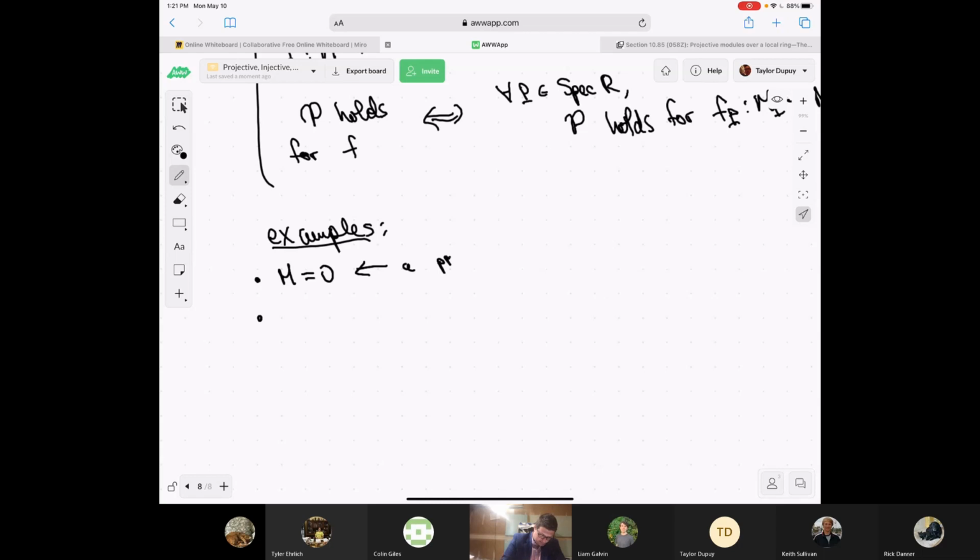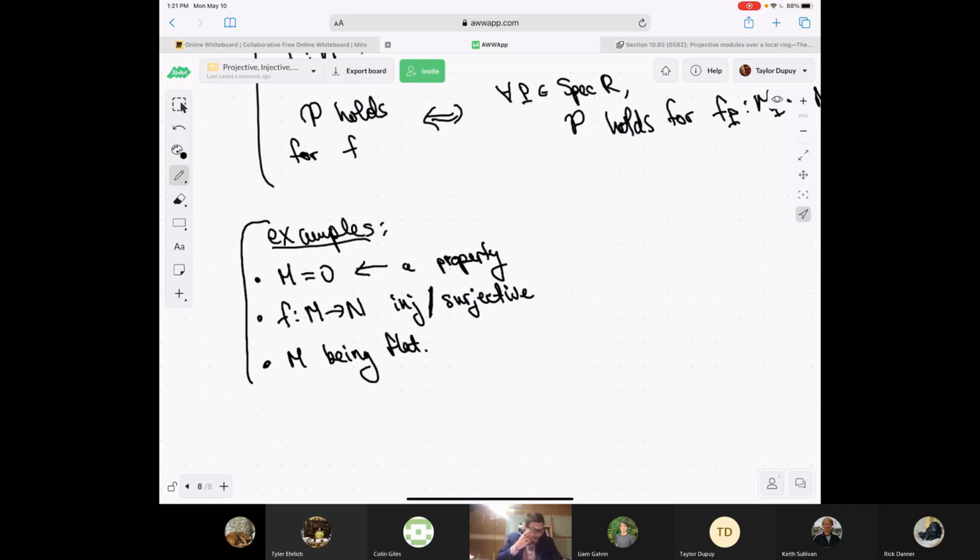F from M to N being injective or surjective are stalk local, and M being flat. Then there was a property of rings that I mentioned, being normal as a ring. That's not a property of modules.